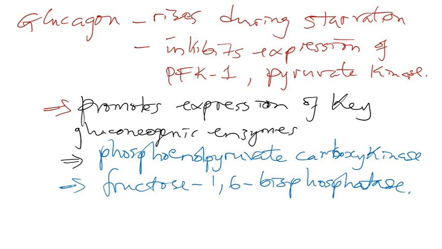When the cell is in a starved mode, it will activate gluconeogenesis, in which case the levels of glucagon will rise, and then it is going to inhibit the expression of phosphofructokinase 1 and also pyruvate kinase, but instead will trigger the expression, or rather the activation, of the key enzyme, phosphoenolpyruvate carboxykinase, to stimulate the conversion of malate into oxaloacetate via malate dehydrogenase, and then the oxaloacetate is converted to phosphoenolpyruvate.